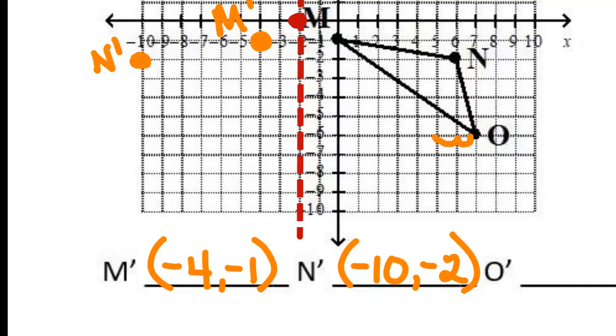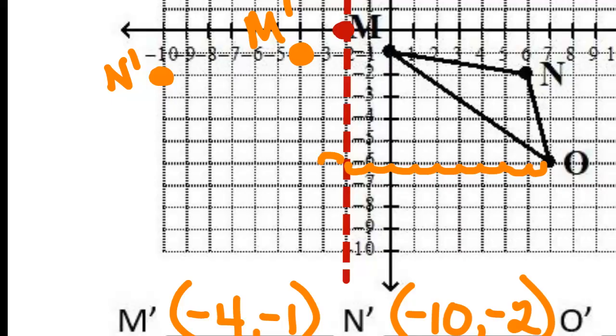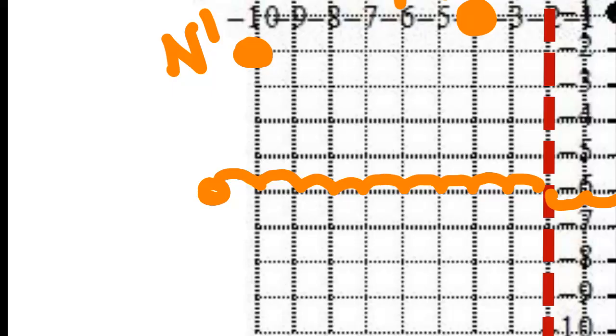Then the same thing for O. It's 1, 2, 3, 4, 5, 6, 7, 8, 9 hops to get to the line. So 9 hops on the other side. I need to go 1 hop past my graph, just a little bit past my graph, to get O prime.